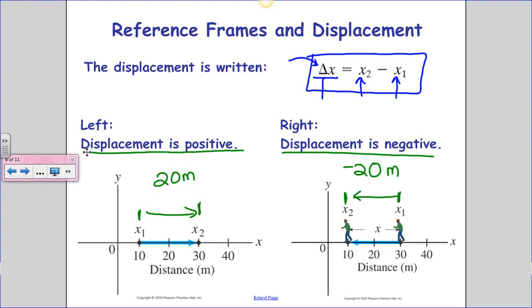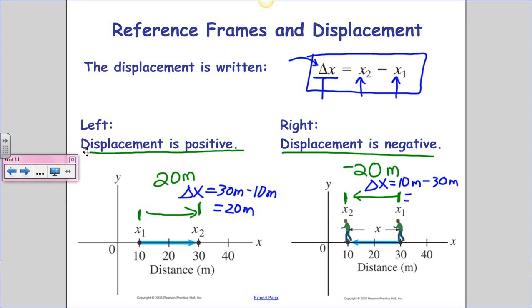If we apply this equation to what we did in these two graphs, you can see we get the same answer. So, change in position is equal to position 2, or the final position, which in this case is 30, minus initial position, which is 10. So our answer is 20, just like we got before. If we do it on the other side, change in position is equal to final position, which in this case is 10, and we subtract our initial position, which is 30.